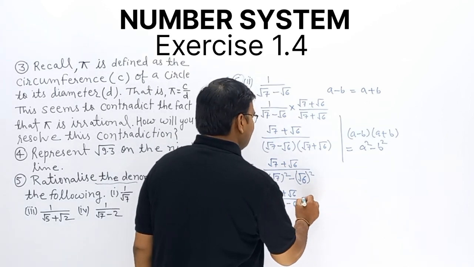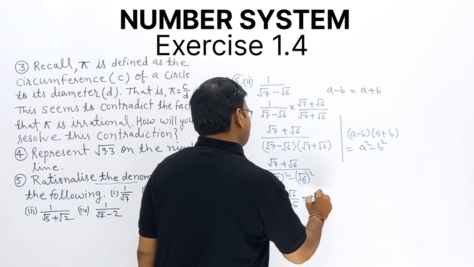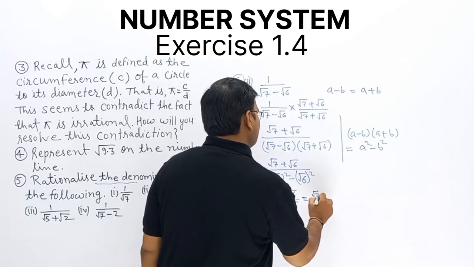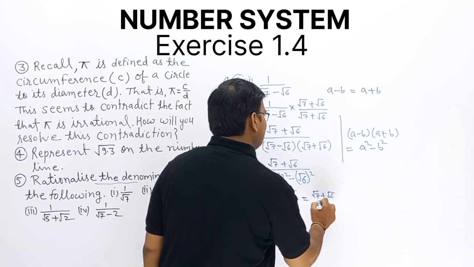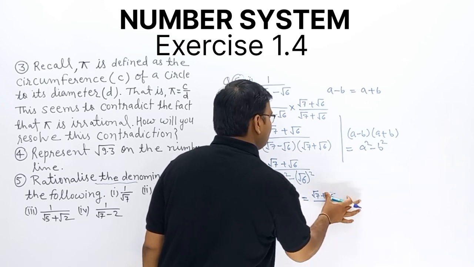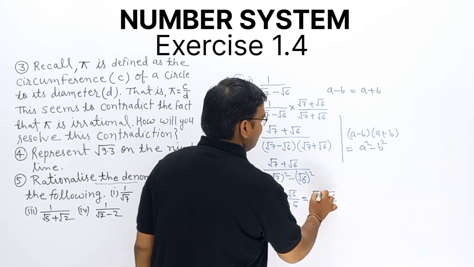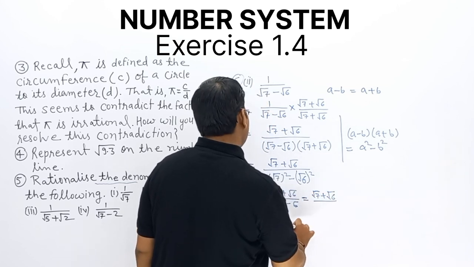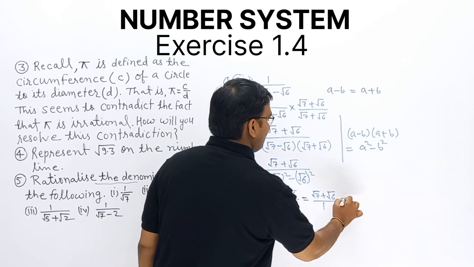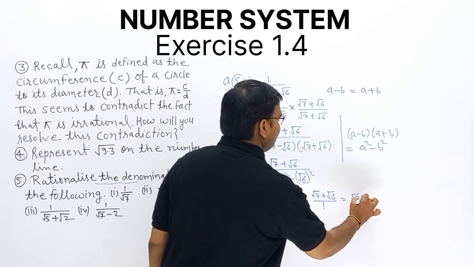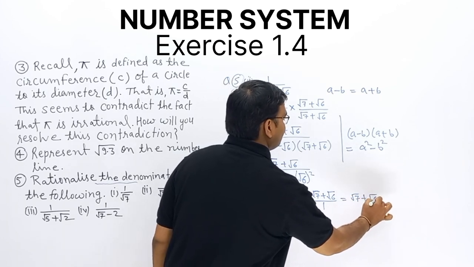We are getting whole numbers. So this is root 7 plus root 6 divided by 1. So the answer will be root 7 plus root 6.